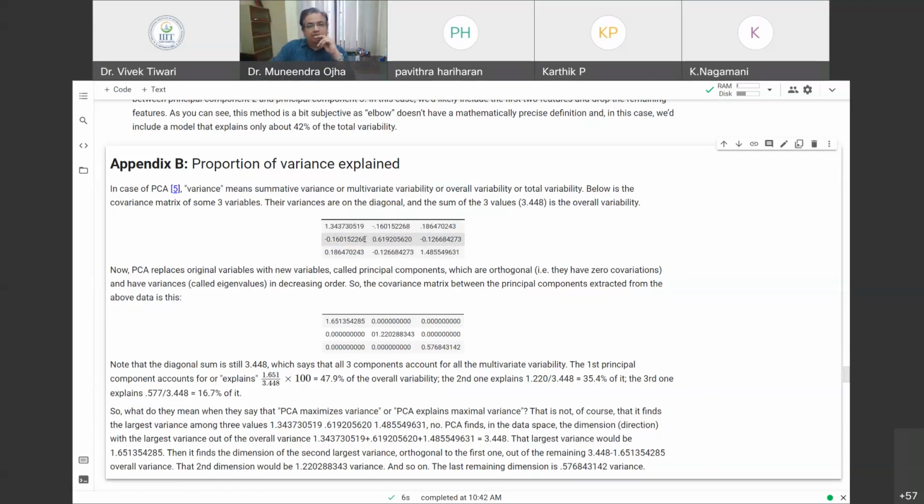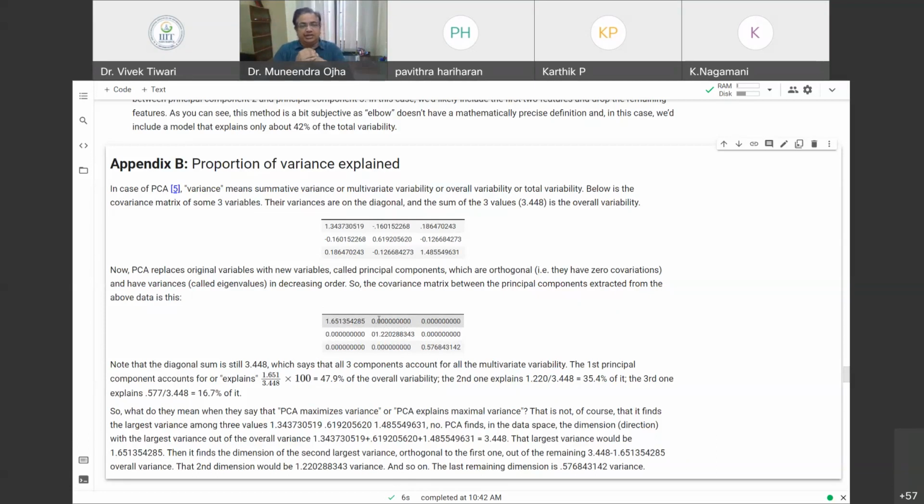So this is a covariance matrix, and when we perform PCA, the original variables are transformed into the eigenvectors, and we look at the covariance of the eigenvectors. As we have already seen, all the eigenvectors are perpendicular to each other, so their covariance is zero.